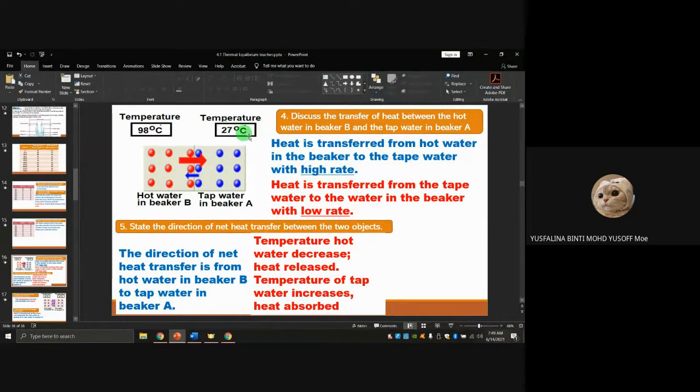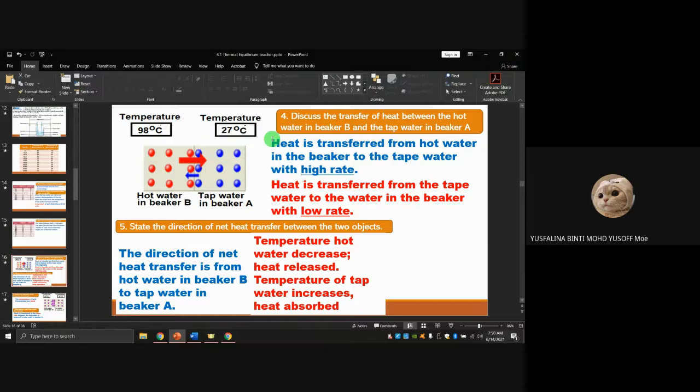So the hot water at 50 degrees Celsius will transfer the heat to the tap water at a high rate. But there is also heat transfer from the tap water to the hot water, at a very low rate. So there is a heat transfer between both, the hot water and the tap water.